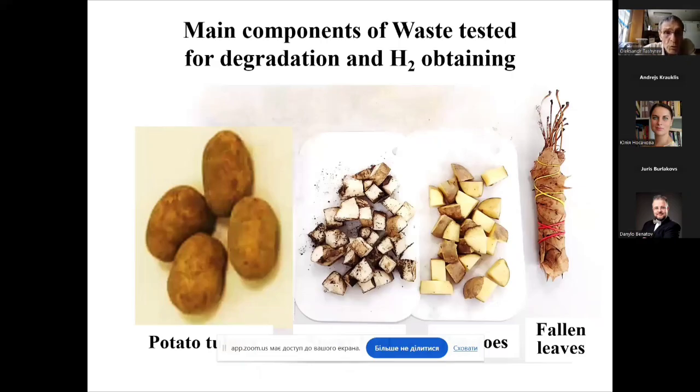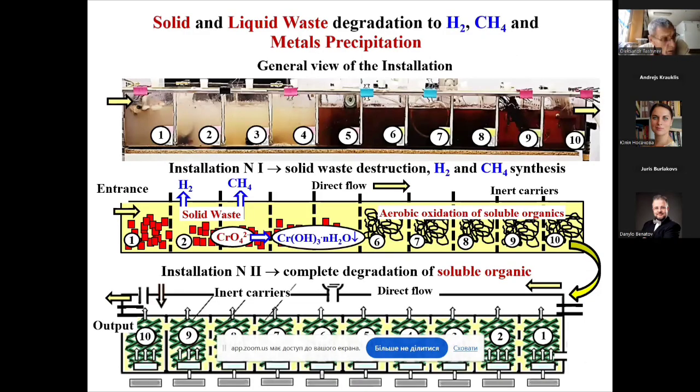Let us return to the process of fast hydrogen fermentation and degradation of model solid waste. Here you can see that we used potato and sugar beet. We tested and optimized our technological process in a direct flow installation. In the section from 1 to 4, two processes took part simultaneously.